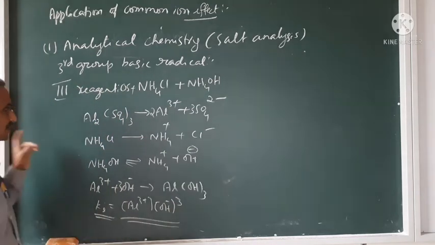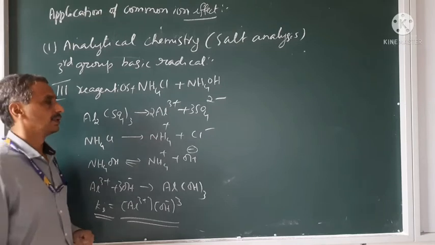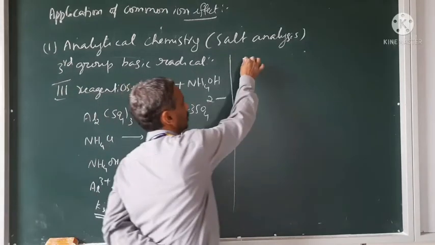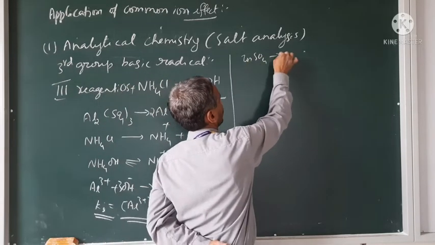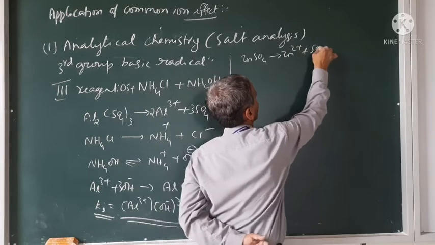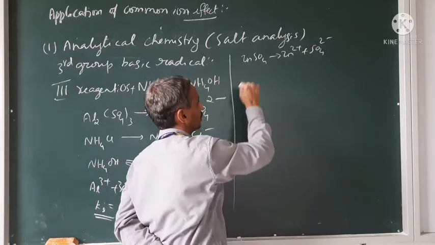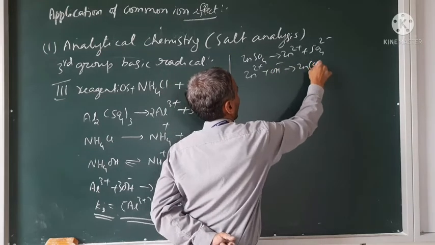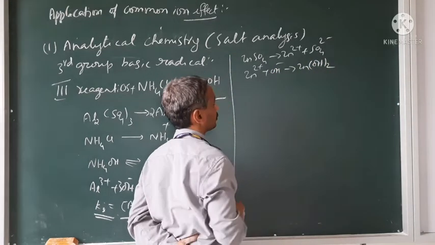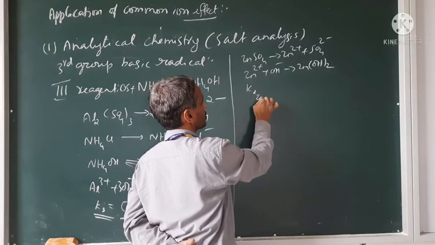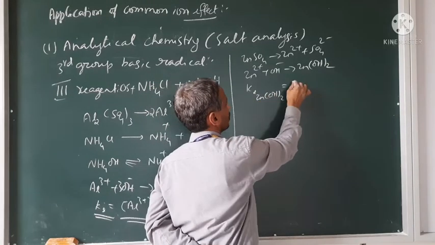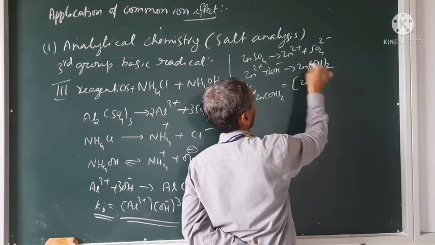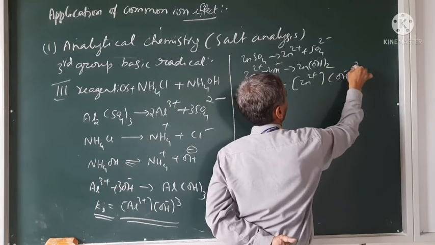This is the ionic product of aluminium hydroxide. Now, if zinc is there, zinc sulfate will give zinc 2 plus and SO4 2 minus. Zinc 2 plus will react with the OH minus to give zinc hydroxide. So the ionic product of zinc hydroxide is equal to zinc 2 plus concentration times OH minus concentration to the power 2.